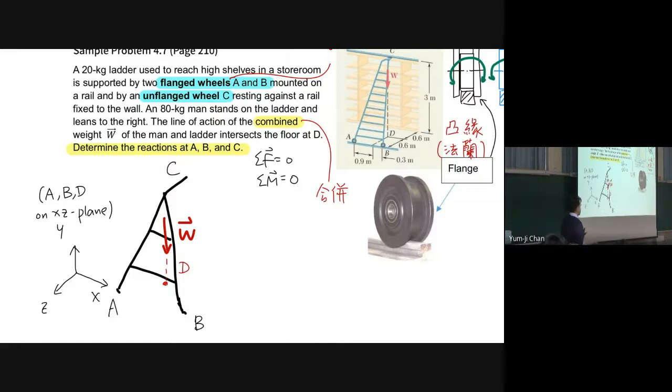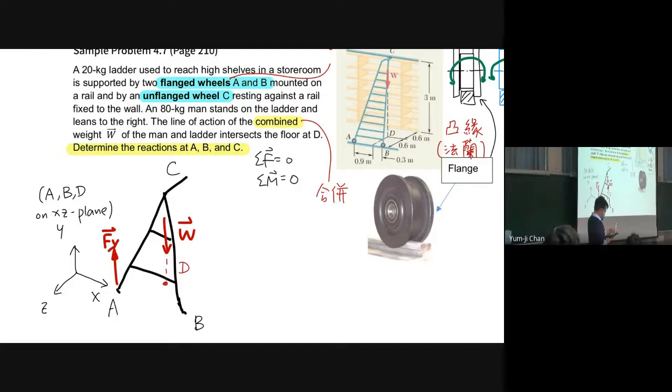So what else do we need? We need the support forces. Which support forces do we have? For example, for wheel A, wheel A is flanged. So we have a support force going up, AY, and what else?